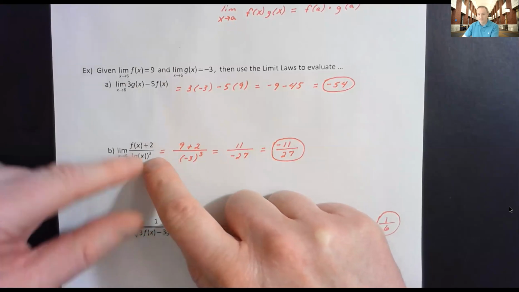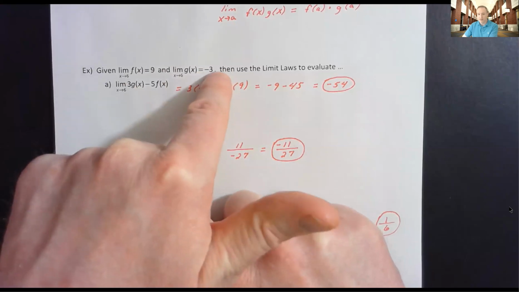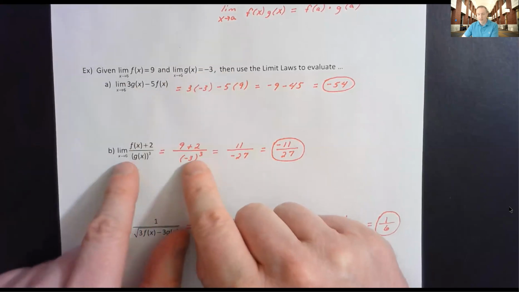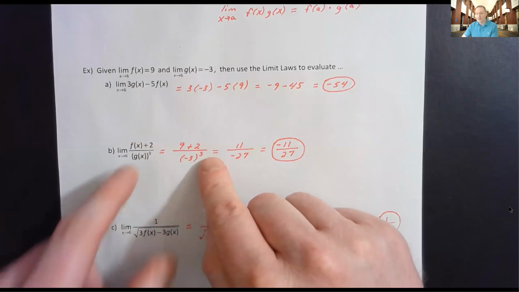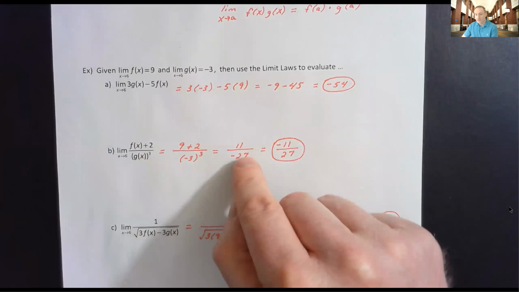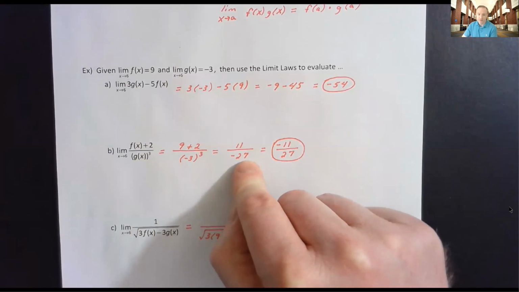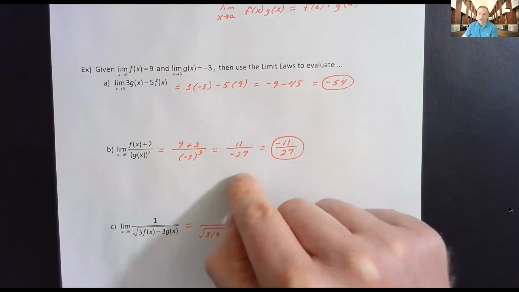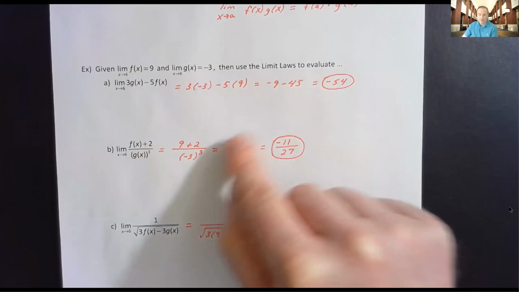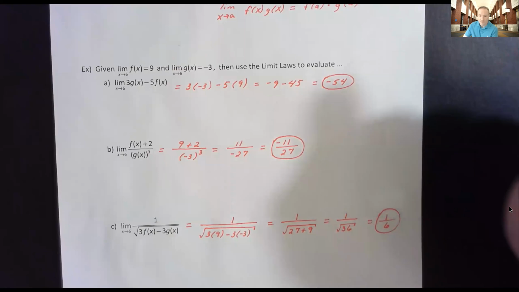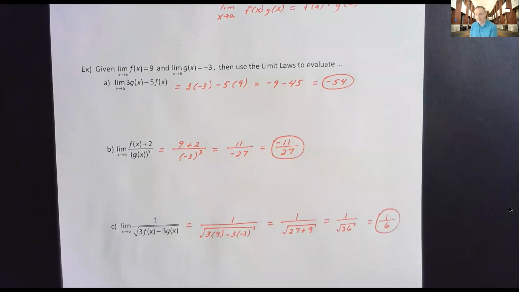I can say, well, a limit as x approaches 6 of g of x is negative 3. So I'll replace the inside part with negative 3, but that negative 3 is now being cubed. That's going to give me a negative 27 in my denominator. My numerator was 11. I would prefer to write the final answer with a negative in the numerator, though of course it doesn't matter. My answer was negative 11 over 27 there.